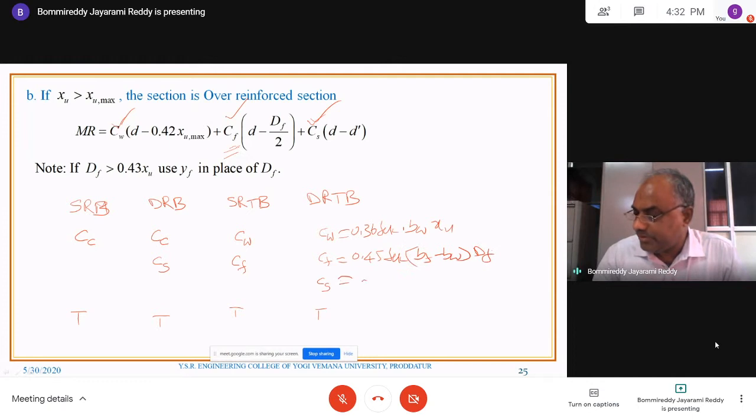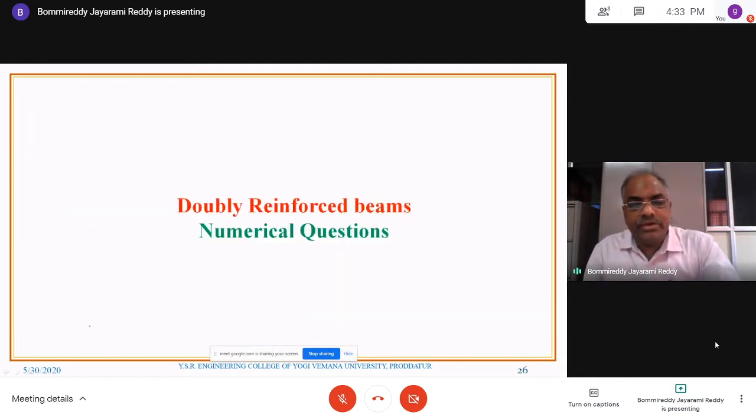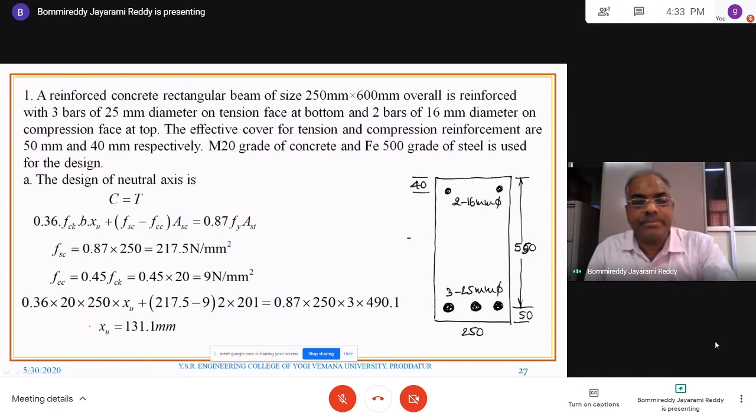CS is nothing but (FSC minus FCC) into ASC. And T is nothing but 0.87 Fy AST. Use all these formulas appropriately along with the associated lever arm distances, so that singly reinforced, doubly reinforced, singly reinforced T-beams, doubly reinforced T-beams, everything is covered in a single page here. Okay. Now let's go for some numerical questions.